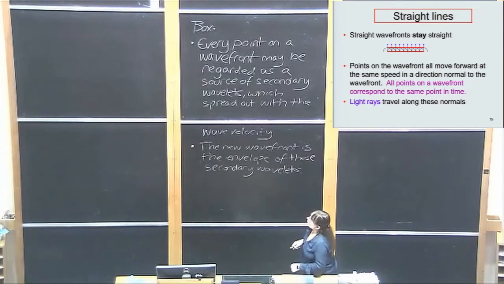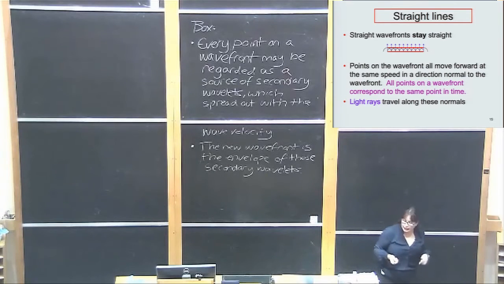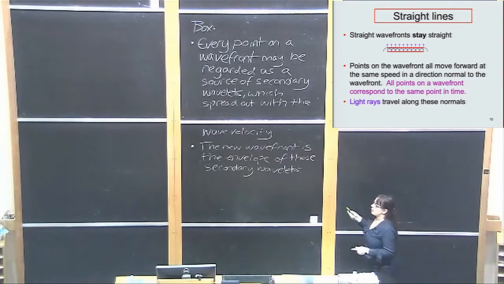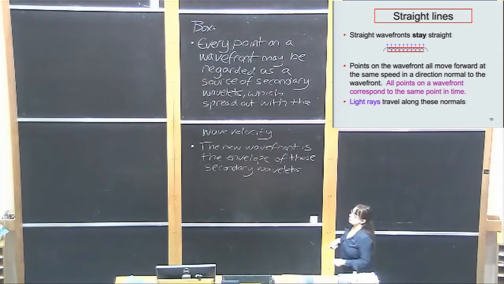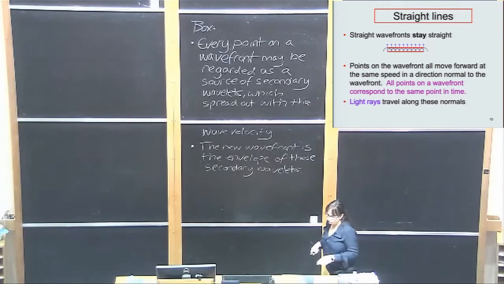The actual direction of the light is perpendicular to that, and we tend to represent that by these arrows or lines, these light rays. As we go on, you'll see that in some of the pictures I draw, I won't bother drawing the wavefronts. I will just draw the rays to represent the direction of propagation of the light.